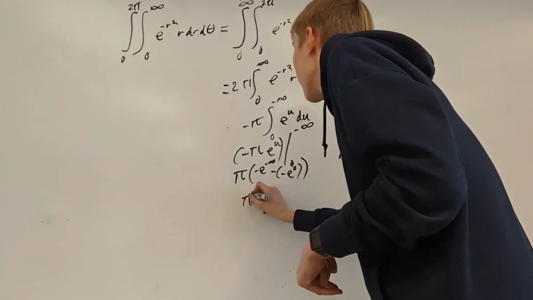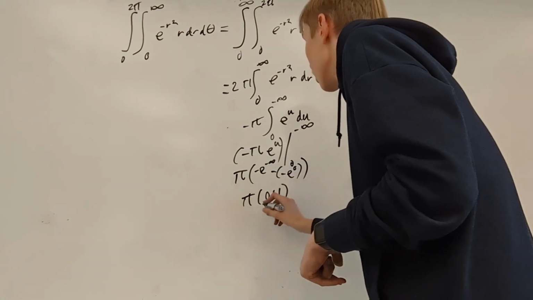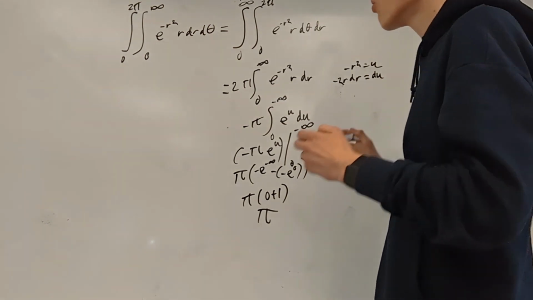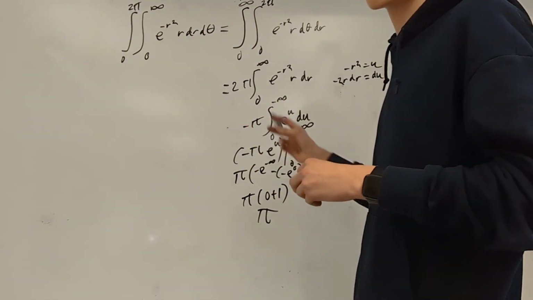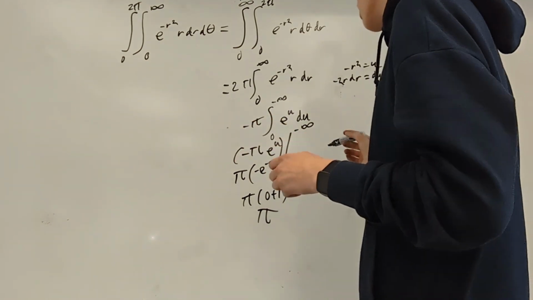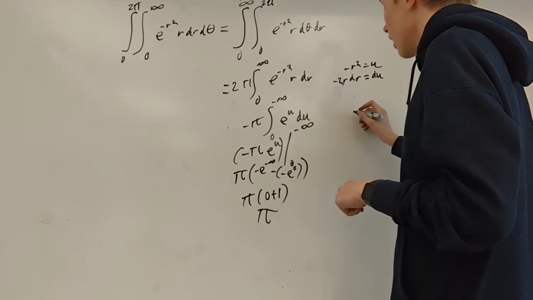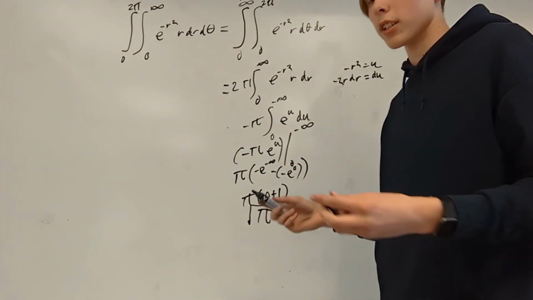So we'll actually get pi times 0 plus 1, which is just pi. So now we know that this whole integral squared is pi. Remember, we squared it in the beginning. So now we actually want to change back. So therefore, the answer will just be the square root of pi, which I think is pretty amazing.